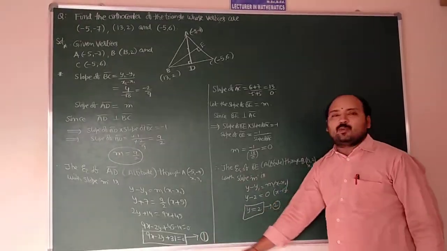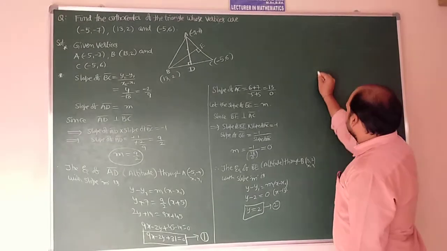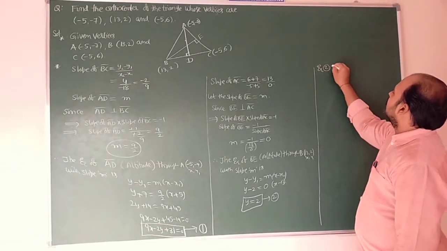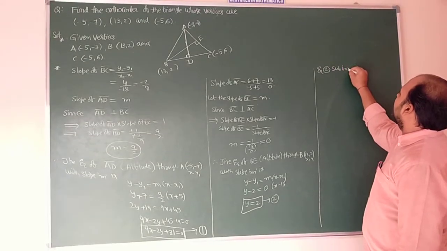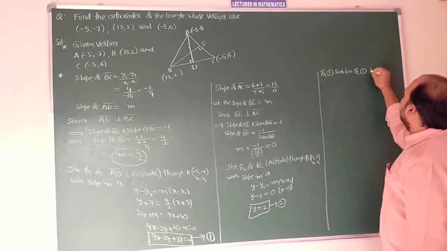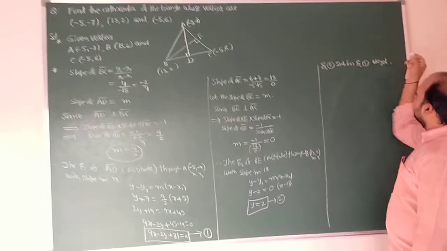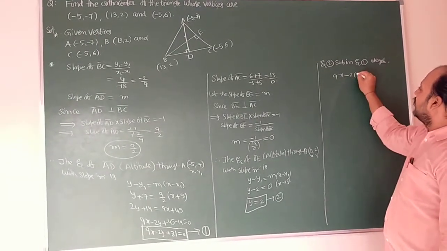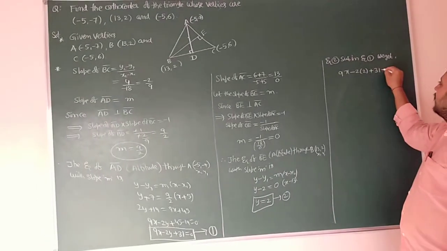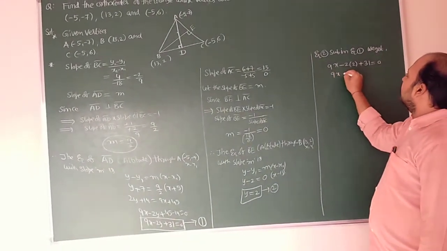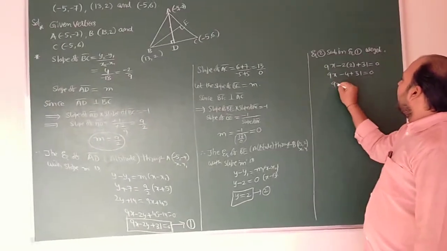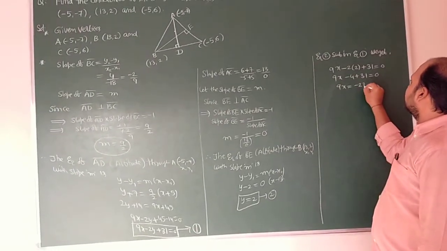Equation 2 substitute in equation 1. We get 9x minus 2 into 2 plus 31 equal to 0. 9x minus 4 plus 31 equal to 0. 9x equal to minus 27.